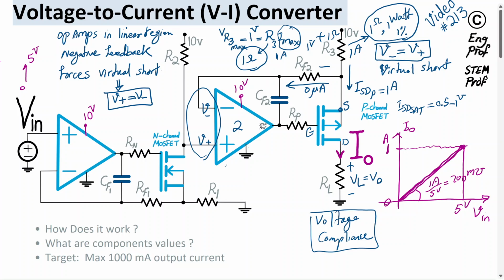So V plus and V minus are equal to each other. If, for example, we have 9 volt here, then we should have 9 volt here as well.